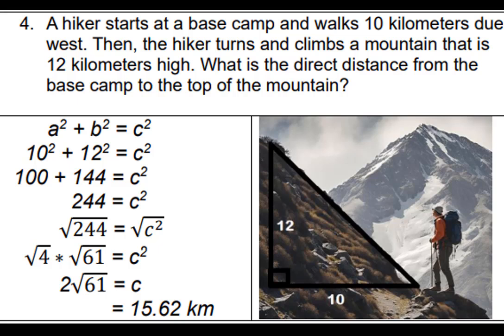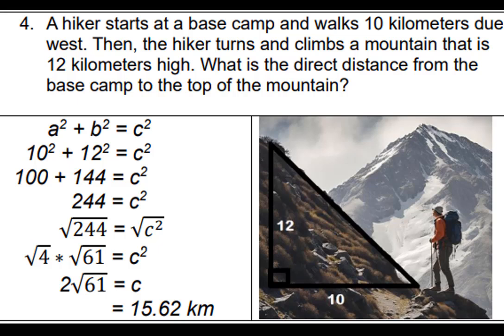What's the shortest distance, as the crow flies? That would be the hypotenuse, the straight line back to base camp. Using the Pythagorean theorem once again, the distance is about 15.62 kilometers.